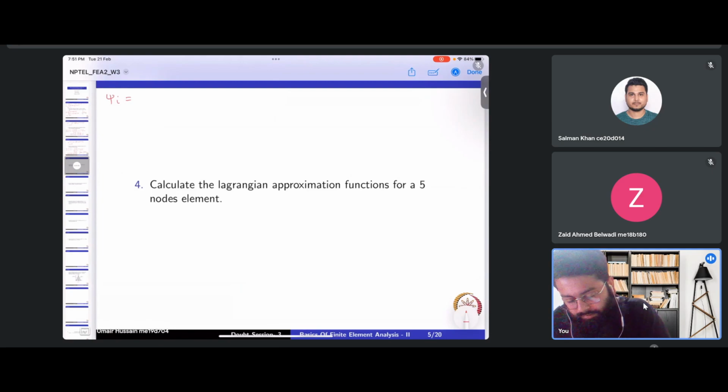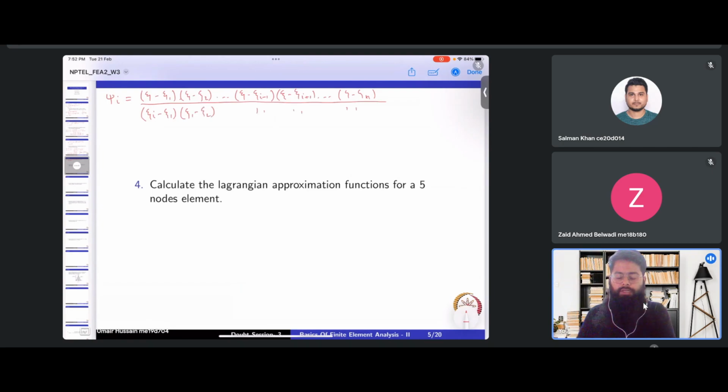I recall the formula was zeta minus zeta 1, then zeta minus zeta 2, up to zeta minus zeta I minus 1, zeta minus zeta I plus 1, till the end point, divided by zeta I minus zeta 1, zeta I minus zeta 2, and the same here. Just replace zeta by zeta I.